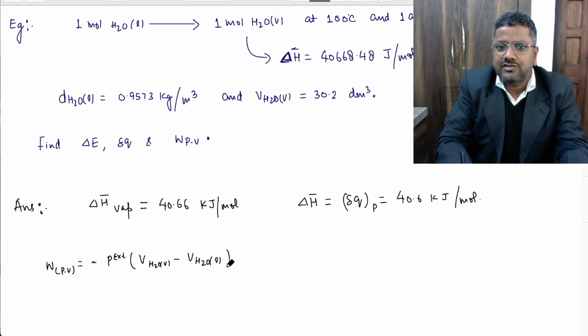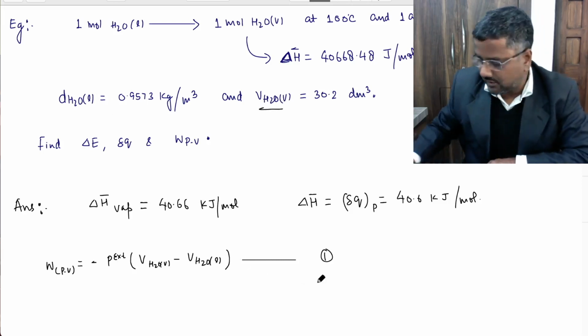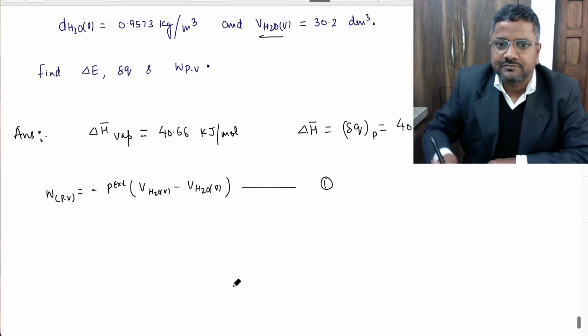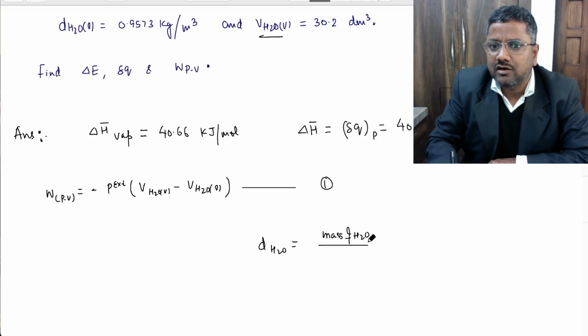So in the question, the volume of water vapor is given. You just calculate the volume of liquid water. So for the volume of liquid water, you can use density of water is equal to mass of water by volume of water.